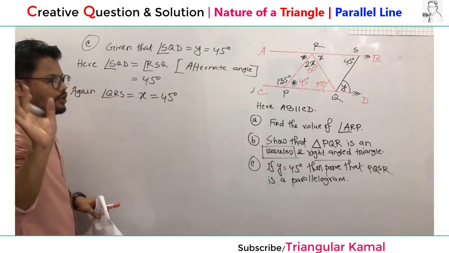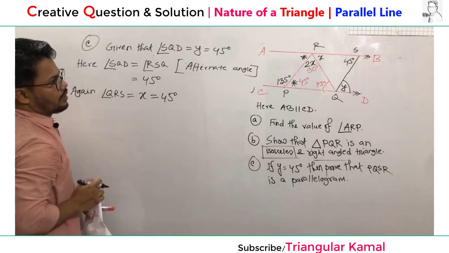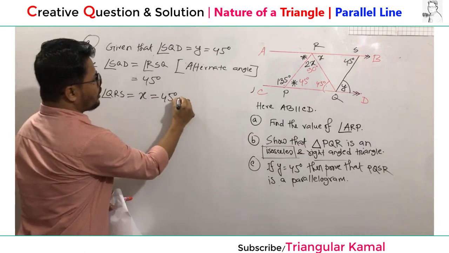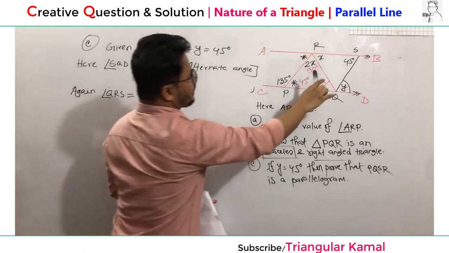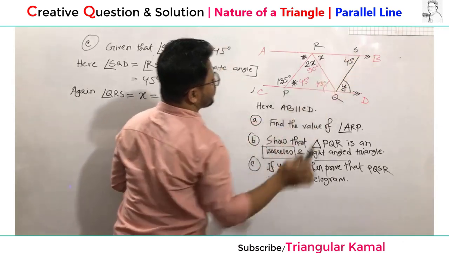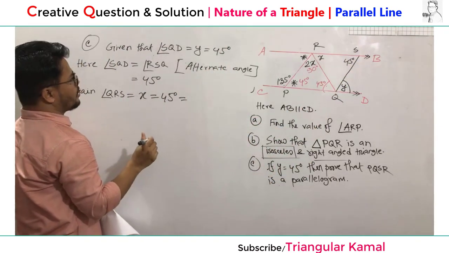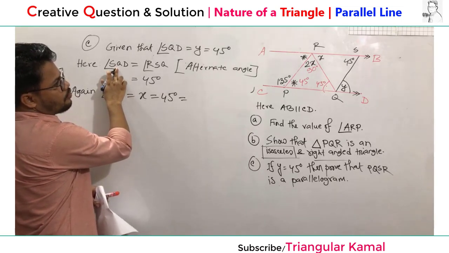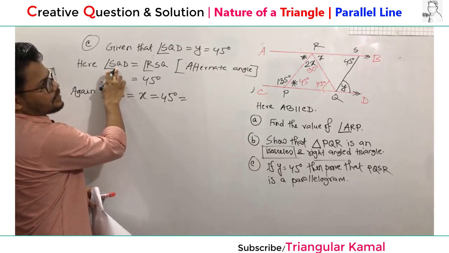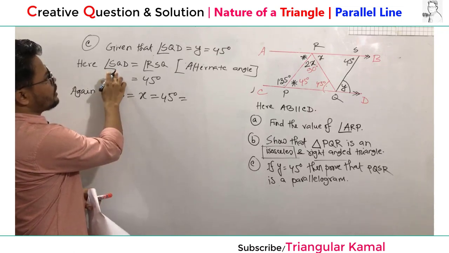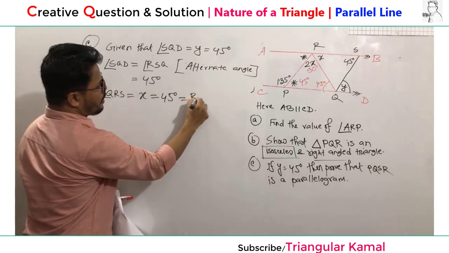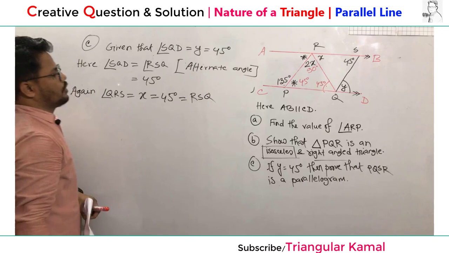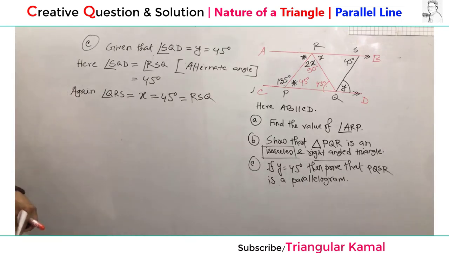Already we have shown this in question number B. This angle is equal with this one, RSQ. We can write here RSQ, SQD equal RSQ. Both are 45 degree angles.